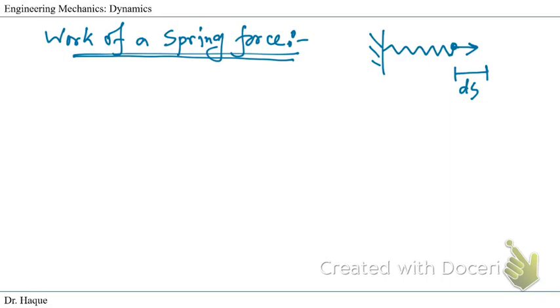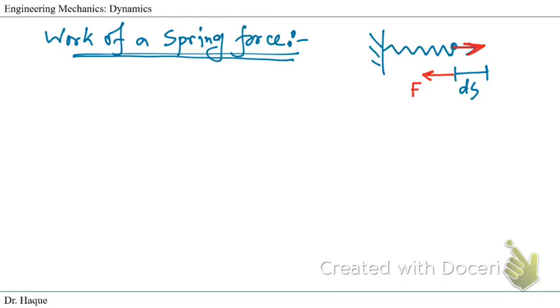The spring is being elongated, but the force the spring is applying is against the displacement. We're moving the spring in this direction, and the force inside the spring is to retain its original position, its original shape. So there's a pulling force opposite to the direction of movement. That's why we can call it F, which tends to keep the spring in its original position against the extension.